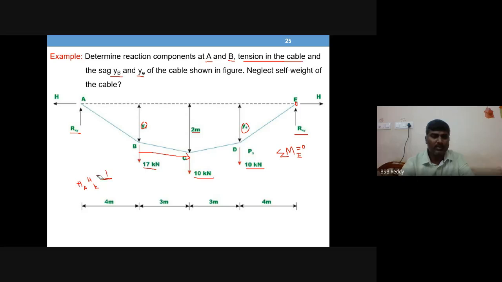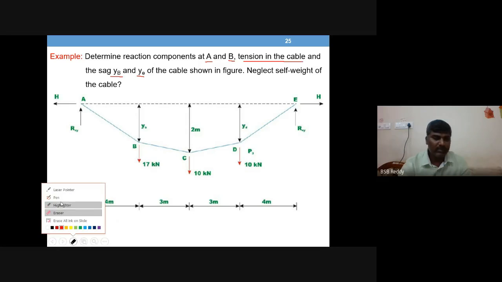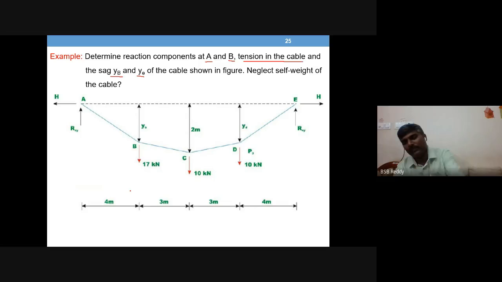So this is to start with what you need to do. First, you have to prove that the horizontal reaction at the two supports is the same. Then take the moment equation at one of the supports, find one vertical reaction, then take sigma Fy equal to 0 and solve for the other vertical reaction.